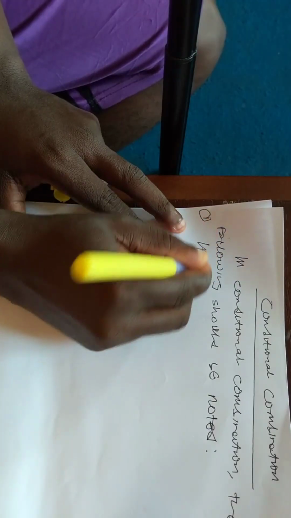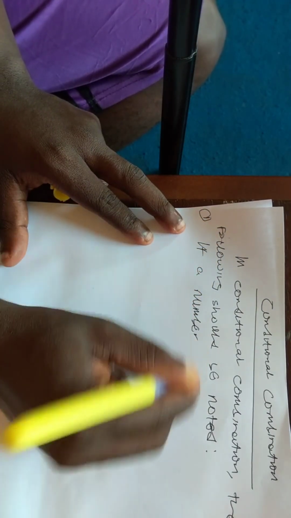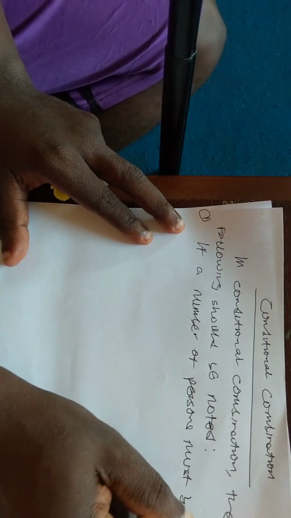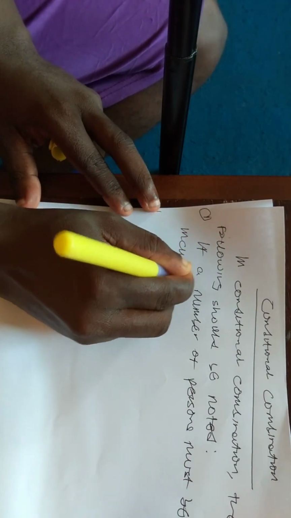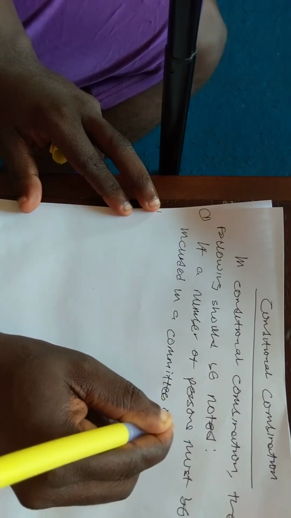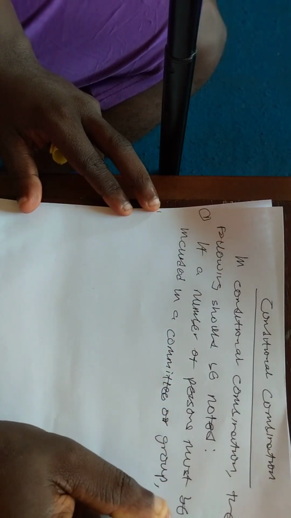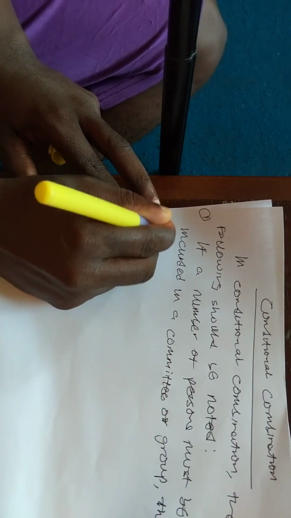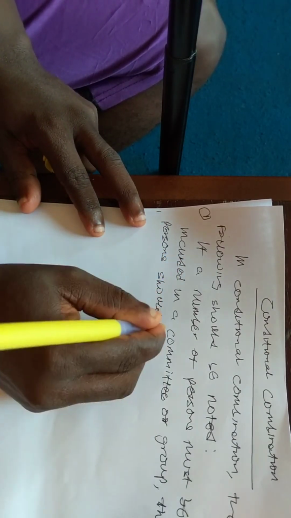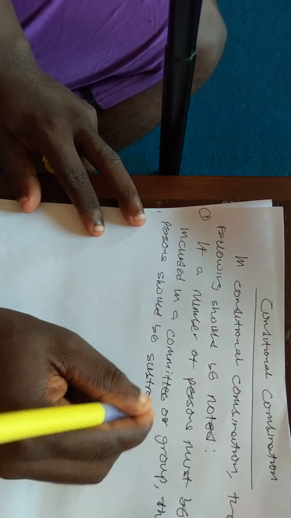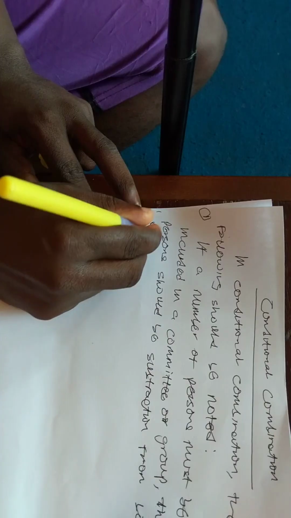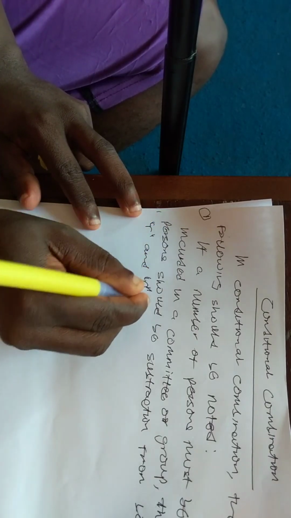1. If a number of persons must be included in a committee or group, those persons should be subtracted from both r and n.